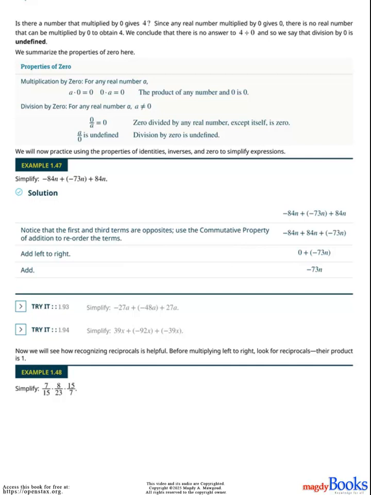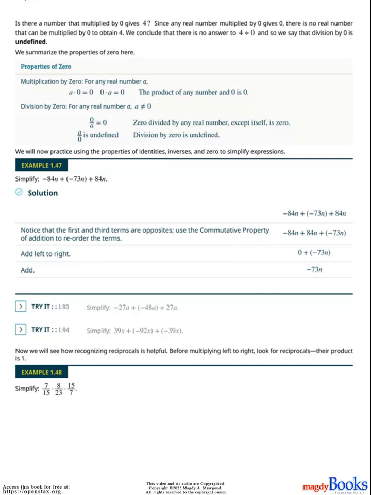We summarize the properties of 0 here. C. Properties of 0. Multiplication by 0. For any real number a, a dot 0 equals 0 and 0 dot a equals 0. The product of any number and 0 is 0. Division by 0.